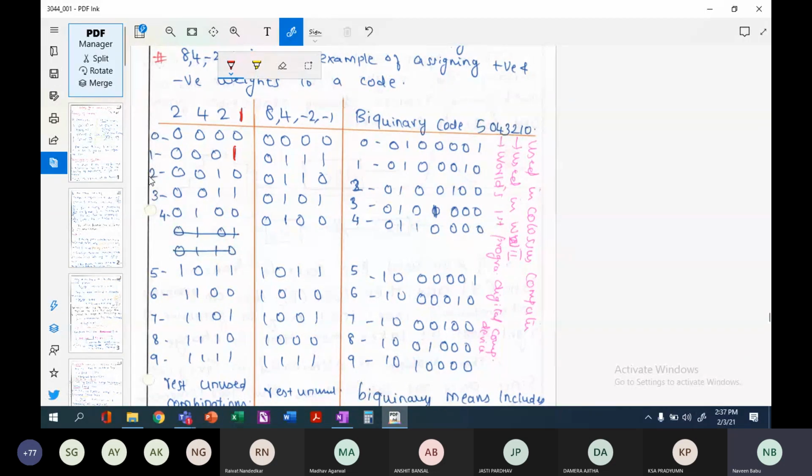Give priority to the last 2, which means the 2 that is available in the least significant bit. So that is how this becomes 2. This 3, it is this 2 plus 1. 4, obviously the priority goes to the larger magnitude here, so it is 1. Now 5. Since you have used 4, 5 will have more weight than 4, right?